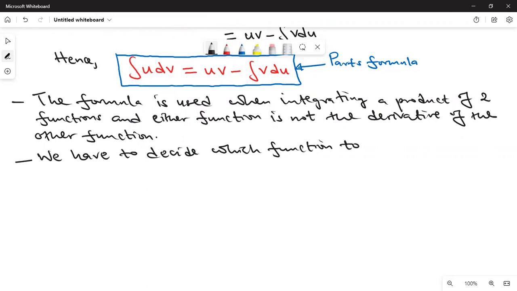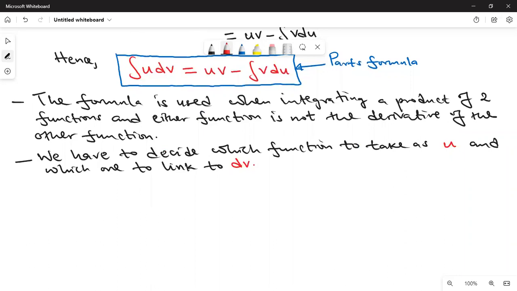That is the task in integration by parts. Once you know u and you know dv, then to proceed is very easy.